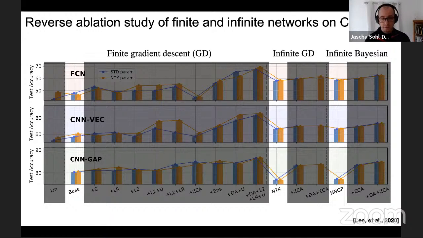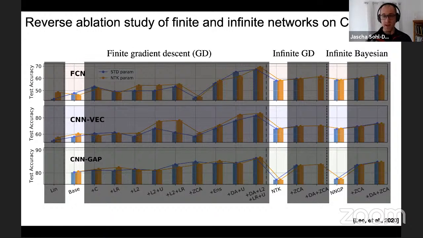For both finite and infinite width networks, though, performance can be dramatically improved above this base case by a variety of interventions. And most of these interventions break the correspondence between infinite and finite width networks.